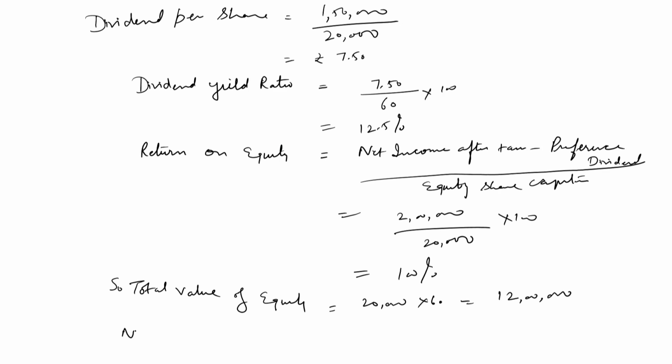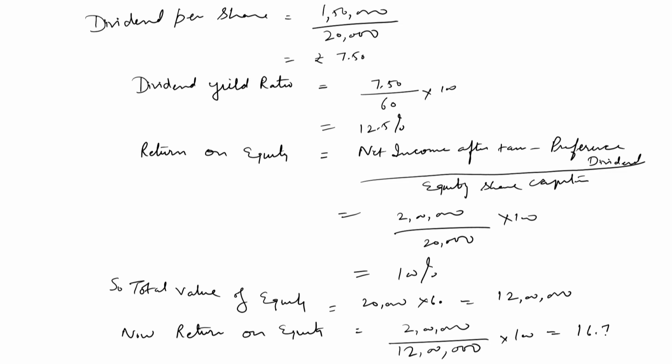And now, according to this, the return on equity will be 2 lakh rupees, the return available for equity shareholders, divided by the total value of equity 12 lakh into 100, which comes to 16.7%.